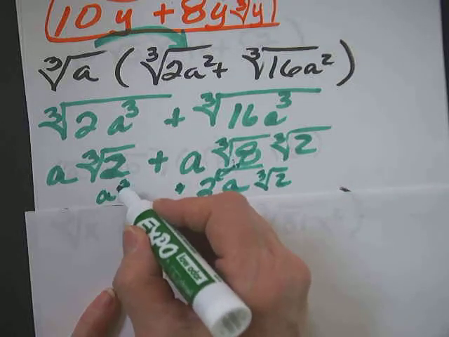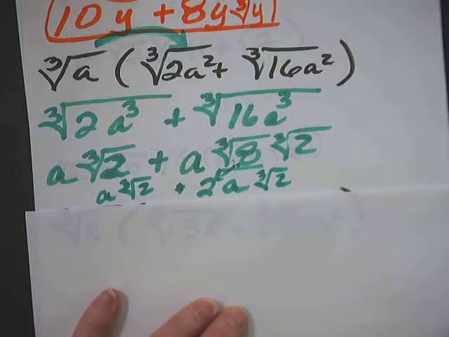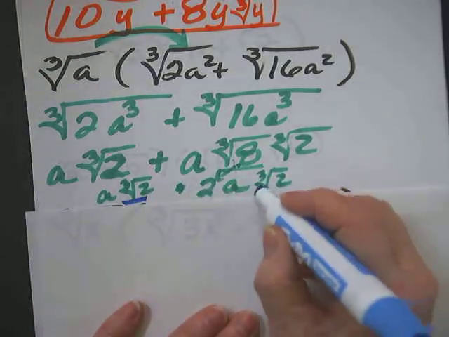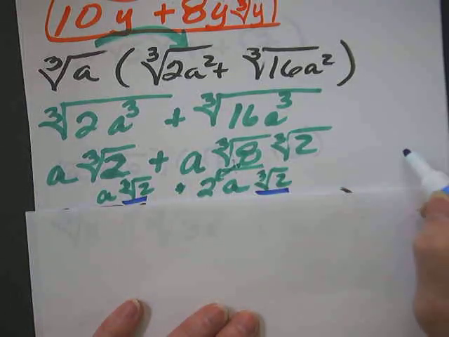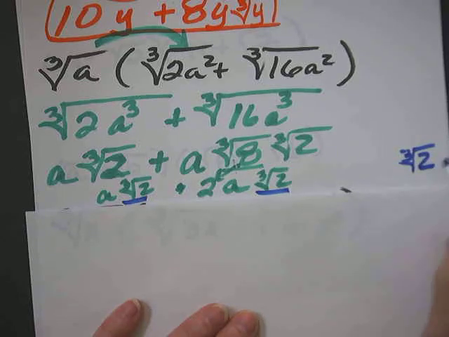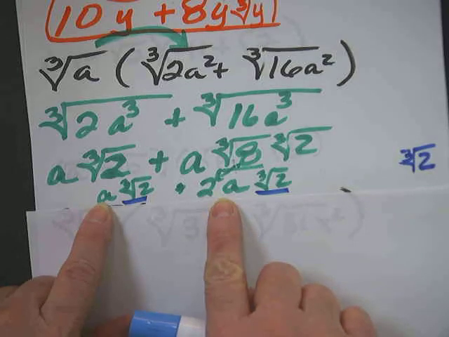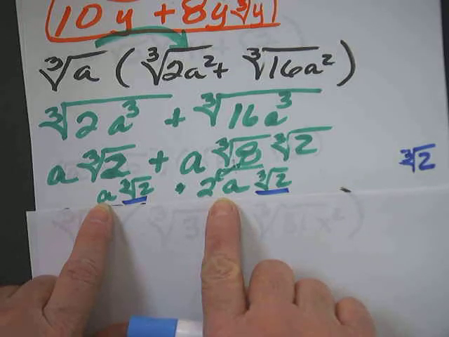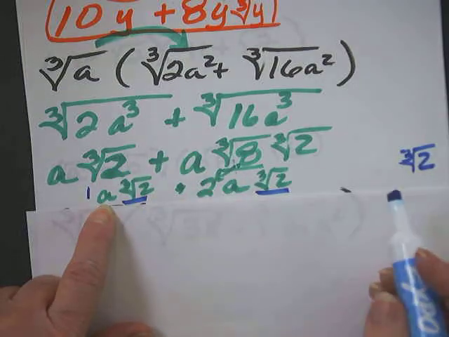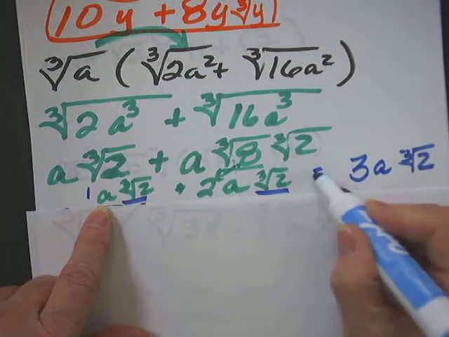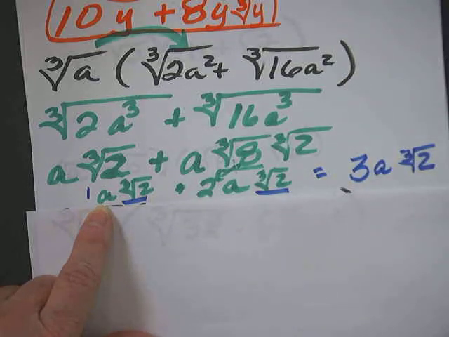So let's go ahead and break that 16 down, and we'll just take one more step to finish this, okay? 16 is 8 times 2, right? The cube root of 8 is this 2. This part's 2, so we're going to put it in front of the a. We just put it over here. And this is a cube root of 2.